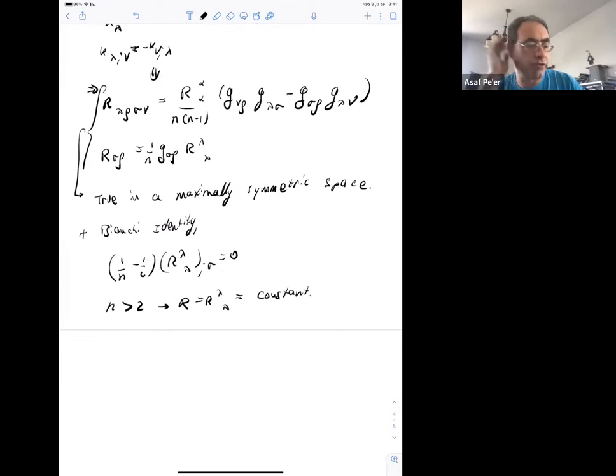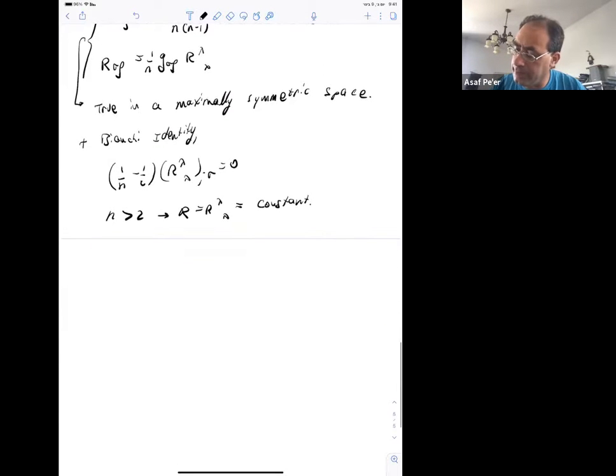So the constant curvature. And so we introduced a new curvature, which we call k, as R divided by n minus 1.